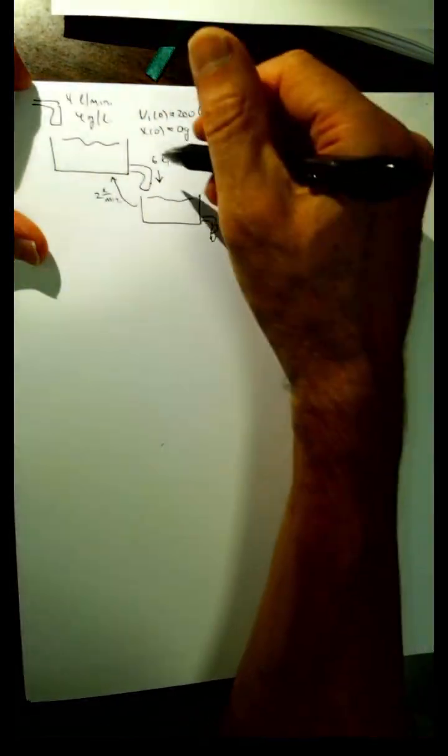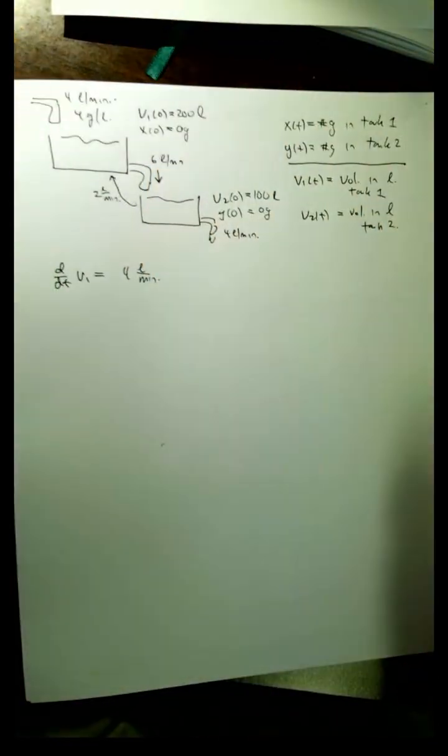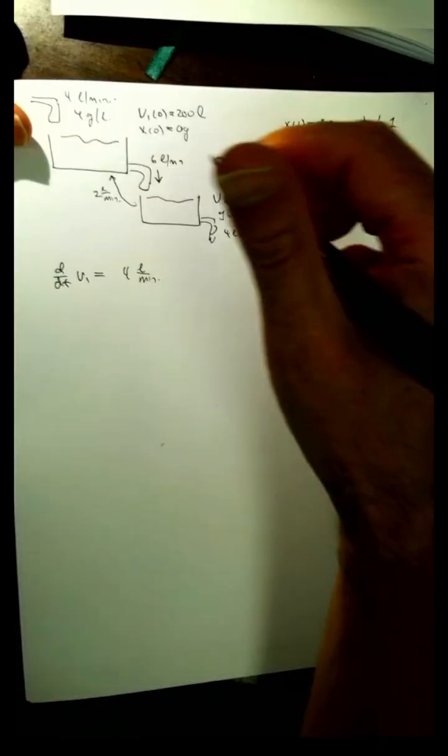Let's work with the volumes first. The rate of change of the volumes is liters per minute. So the rate of change of V1 is going to be the rate coming in. We have 4 liters per minute coming in from this term, so that's plus.